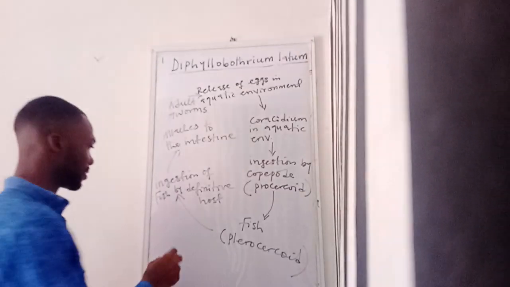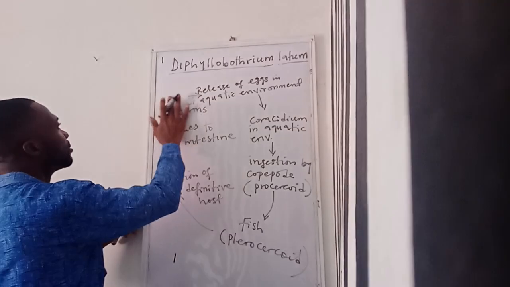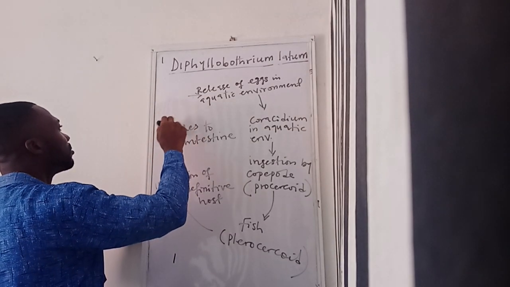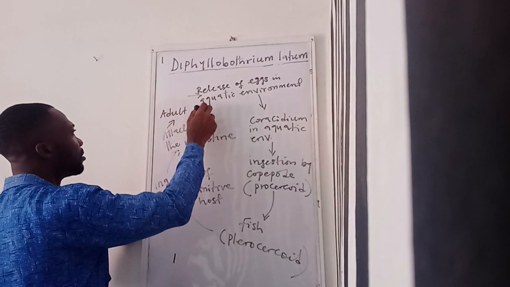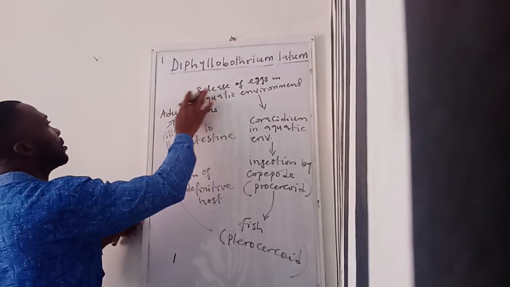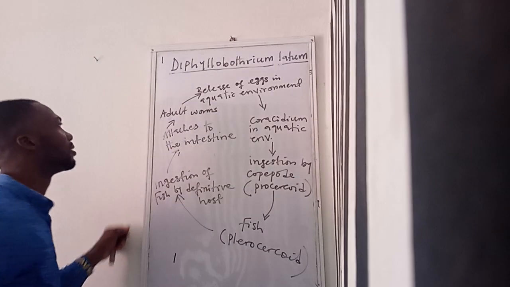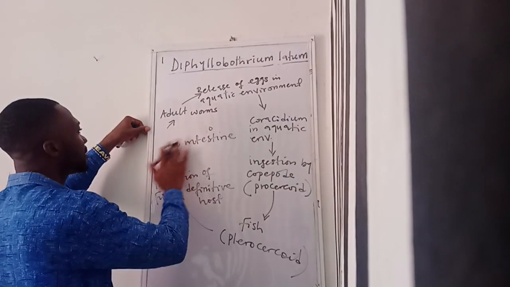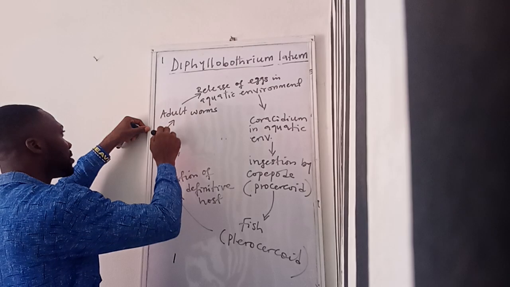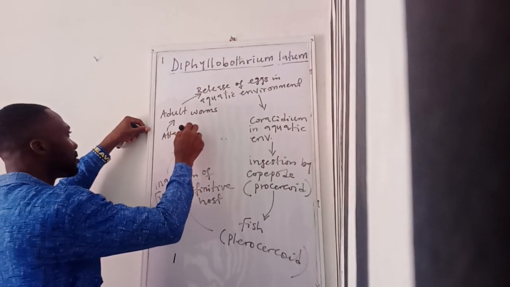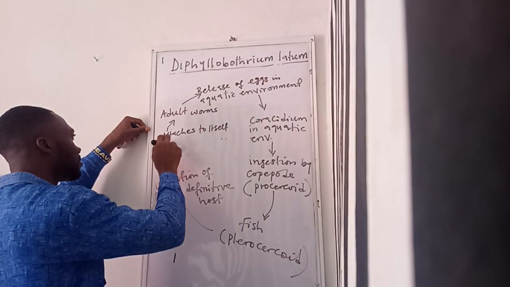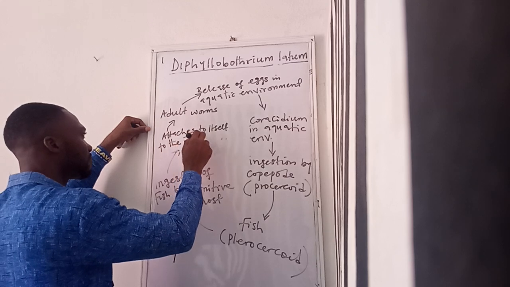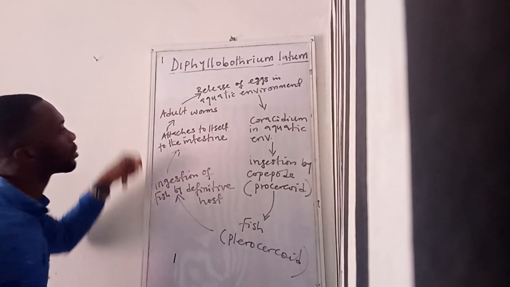Then adult worms release eggs. So let me rewrite this: attaches to the intestine. Okay.